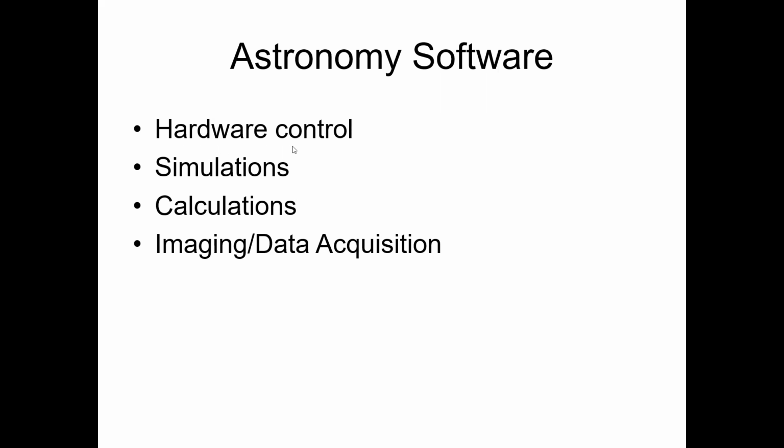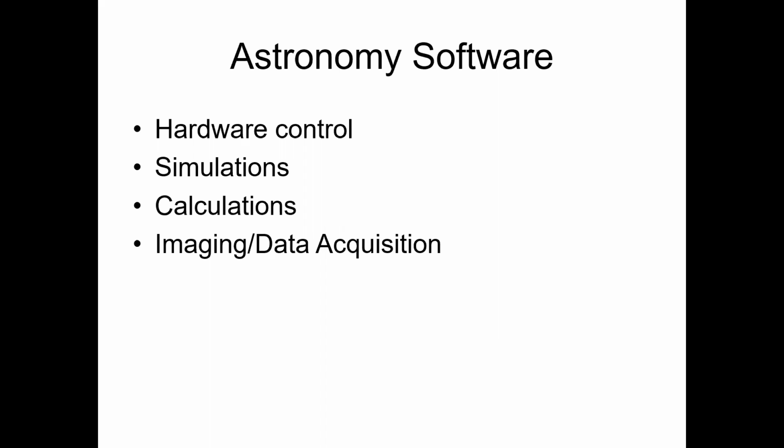Another part that we do before observations is simulation. We simulate the night sky to see what is visible and what's going to be happening in the sky. After the simulations, what we do is calculation. If you need to know when the next eclipse or occultation will be, or when Saturn will be closest to Mars, things like that, you have to do astronomical calculation.